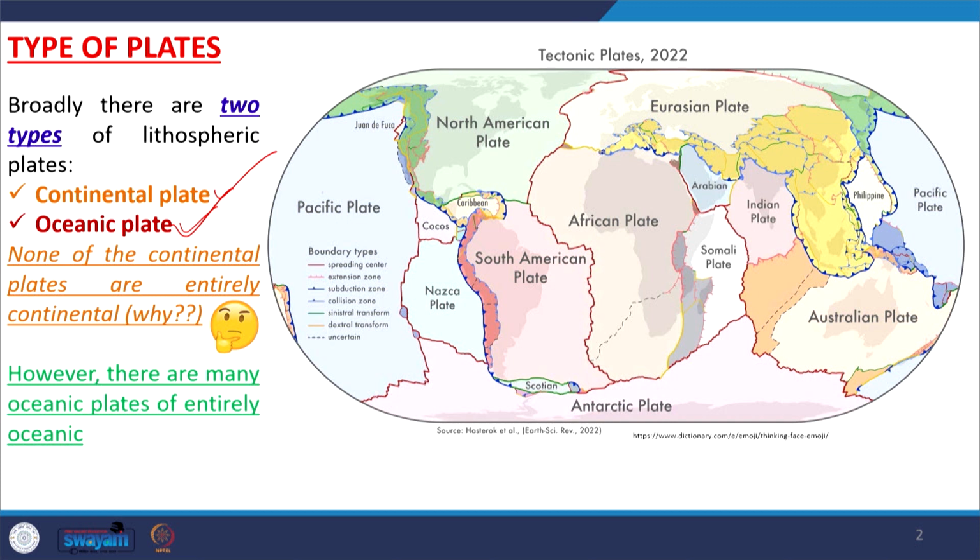So, here, once we say continental plate and oceanic plate, the continental plate may or may not be independent. That means once I say it is a continental plate, it is not necessarily always composed entirely of continental origin. Similarly, the oceanic plate also may or may not be independent, but in most cases the oceanic plate is independent.